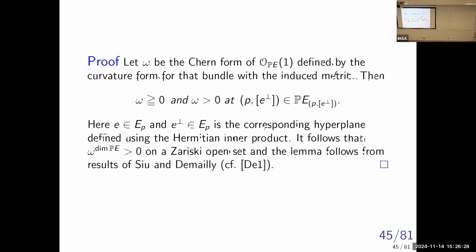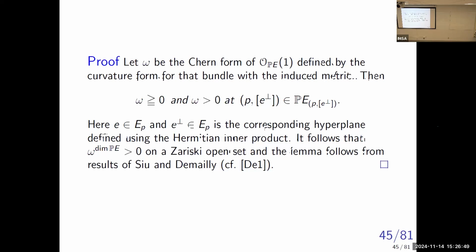What about the horizontal direction? Horizontal is well defined because you have a Hermitian form that's positive definite on the fibers, so the orthogonal complement to the tangent space to the fiber is well defined. It's a well-defined horizontal space, and that's what the curvature form measures.